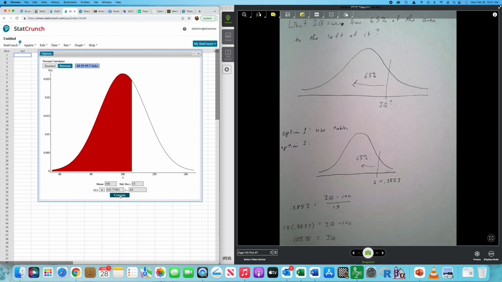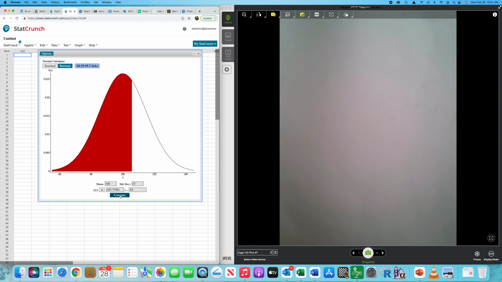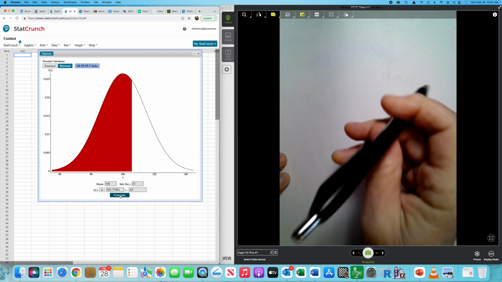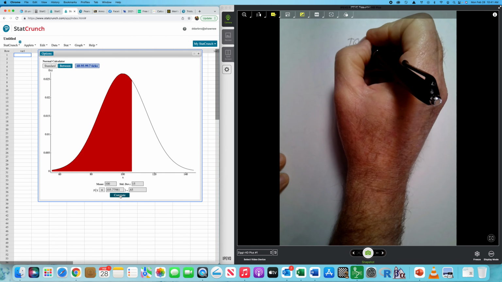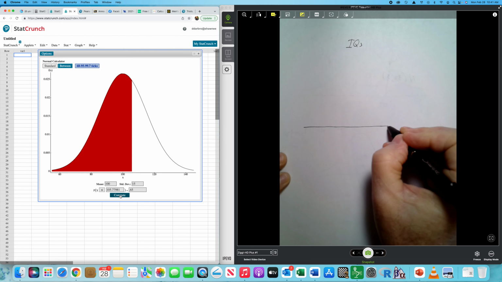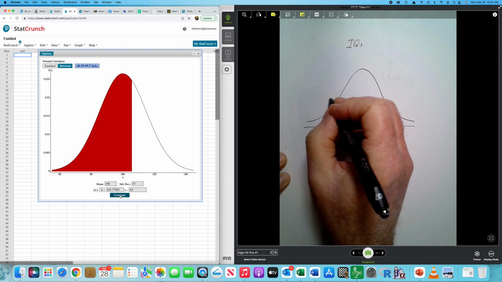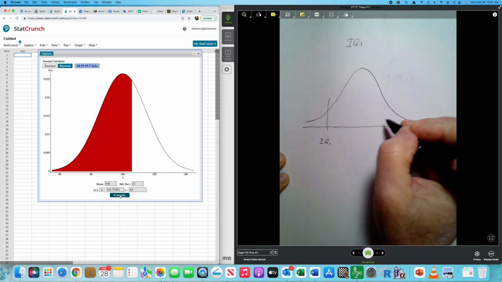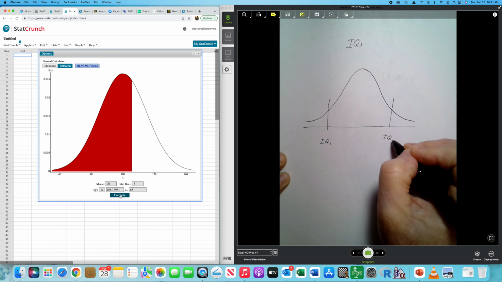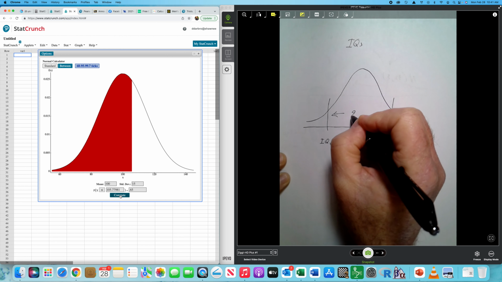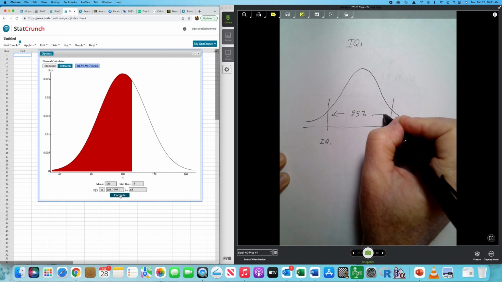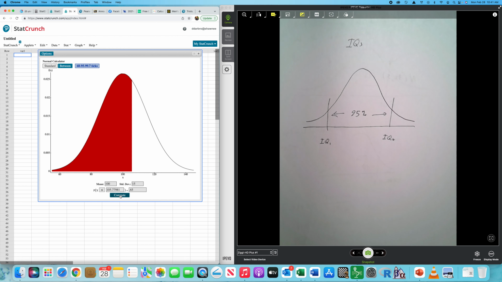For example, what if we wanted to find for IQs the two IQ scores that separate the middle 95% of our data.